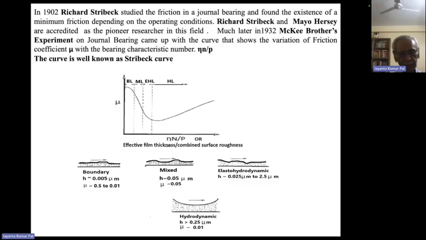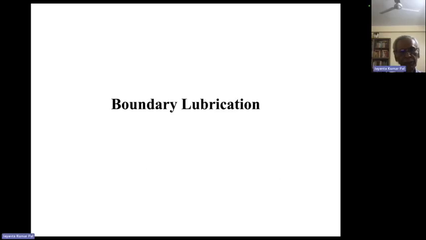Then we go to a little more discussion in depth of boundary lubrication. Before we discuss boundary lubrication and other lubrication modes, I must make it clear that a lot of research has been carried out for the last several decades and probably centuries to understand these lubrication modes.